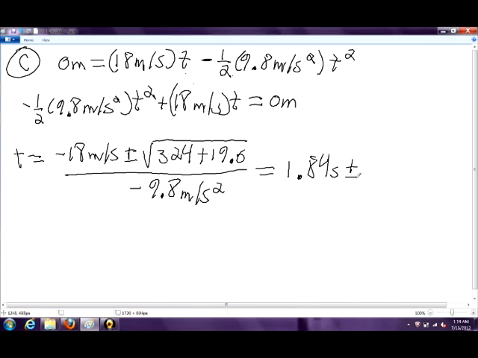So that's 18.5. Oh, well, 18.5 divided by negative 9.8. Okay, so it's negative 1. Let's say 1.89.